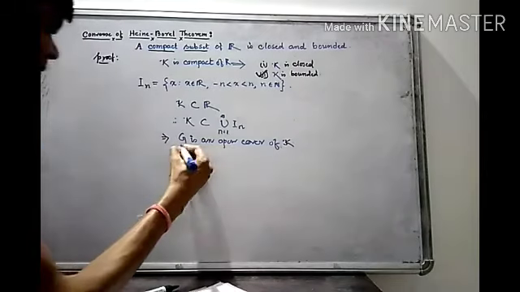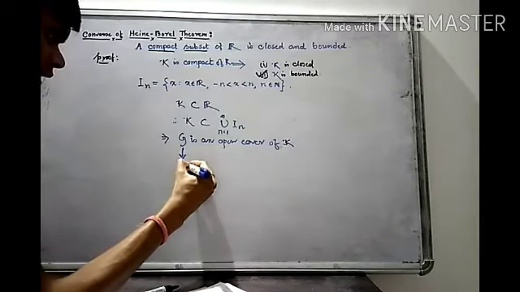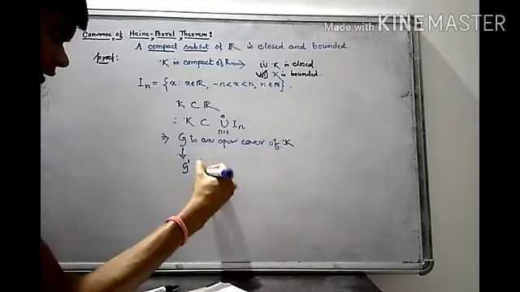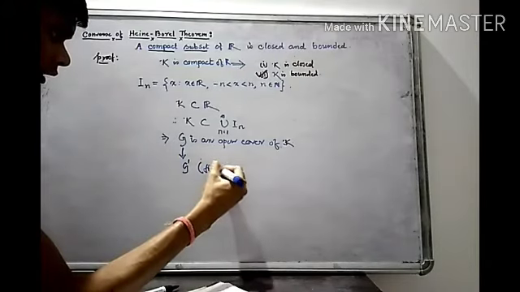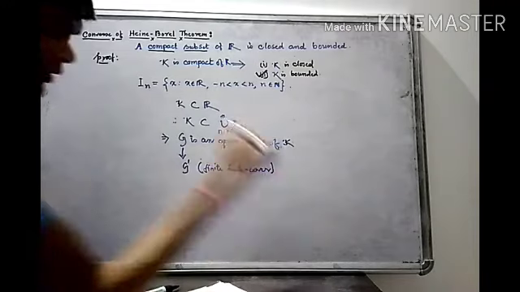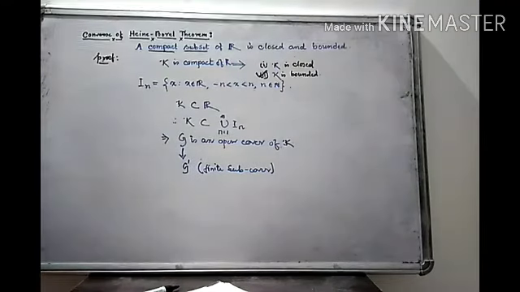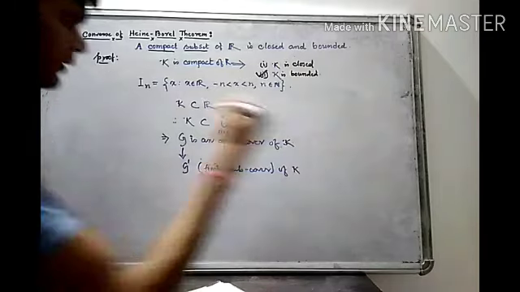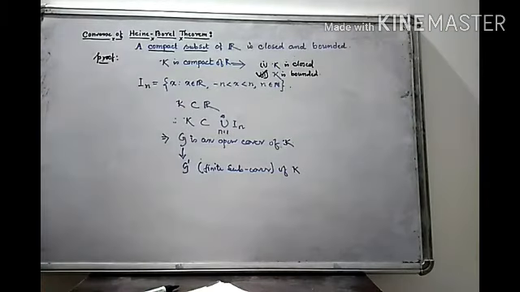So suppose from here we are taking script G', that is a finite subcover of K. Is it clear?